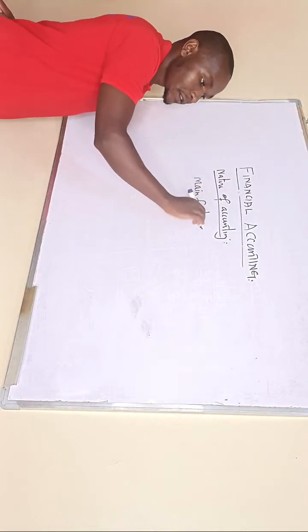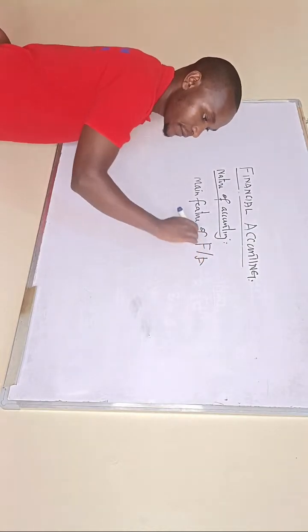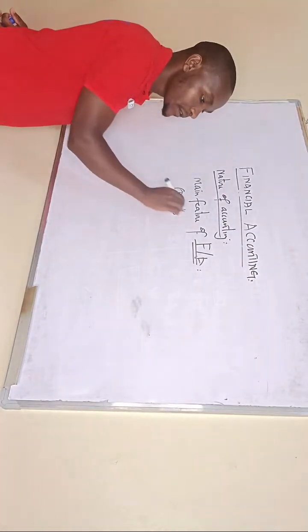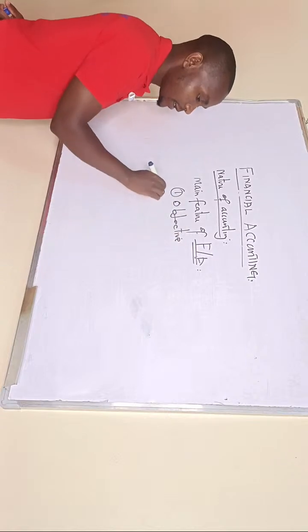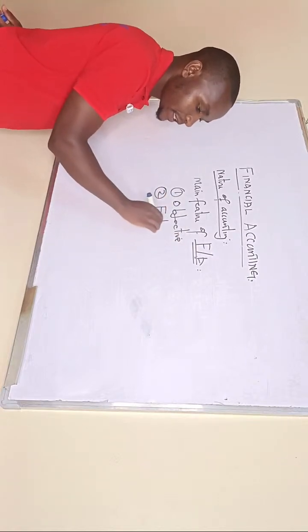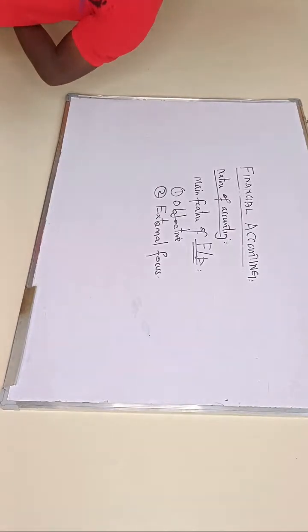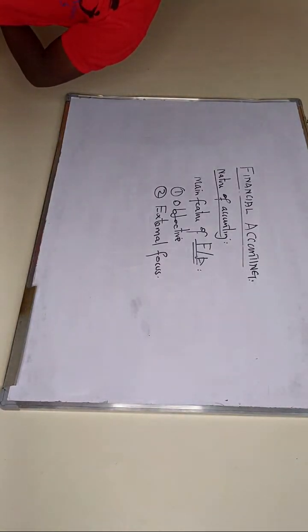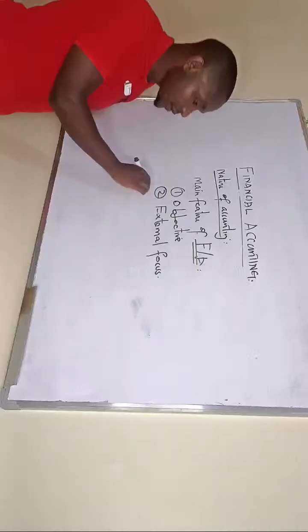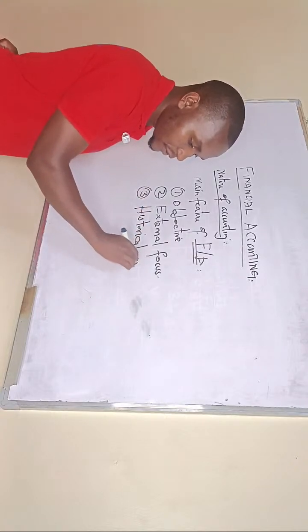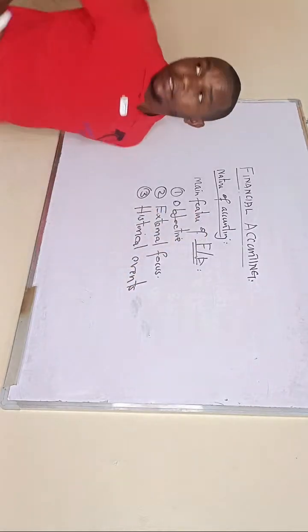The main features of financial accounting, you will talk of mostly three: the objective, then two is the external focus, and also the historical events.